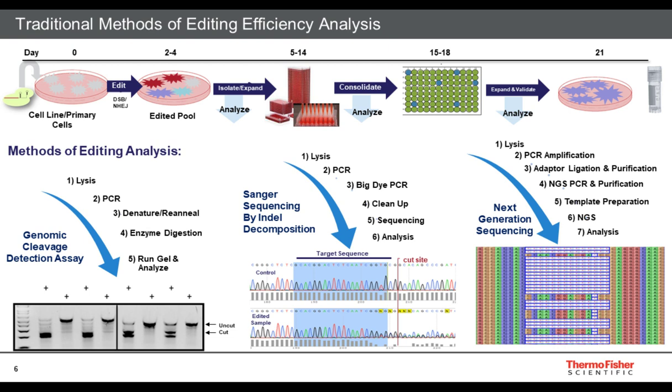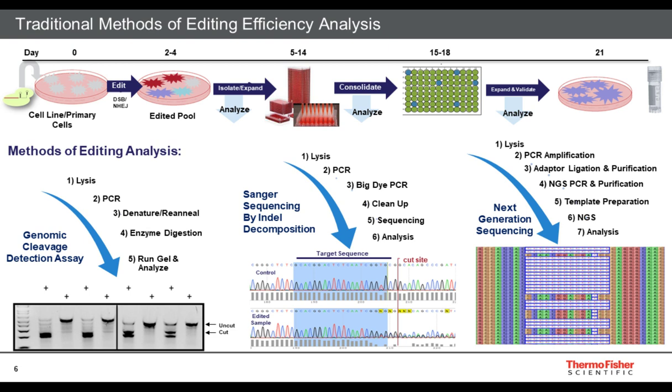From here, there's another step of screening, and now you need to consolidate these clones into a 96-well plate and be able to functionally analyze each of these expanded clones. And then the final step would be to expand, validate, and bank these cells.